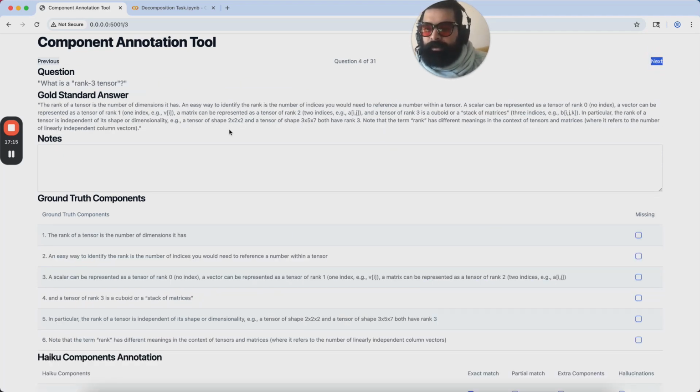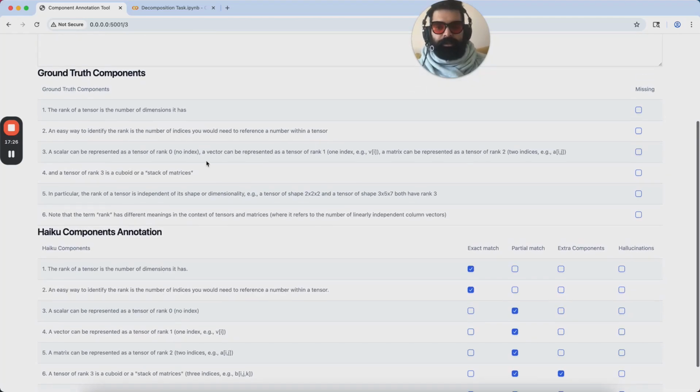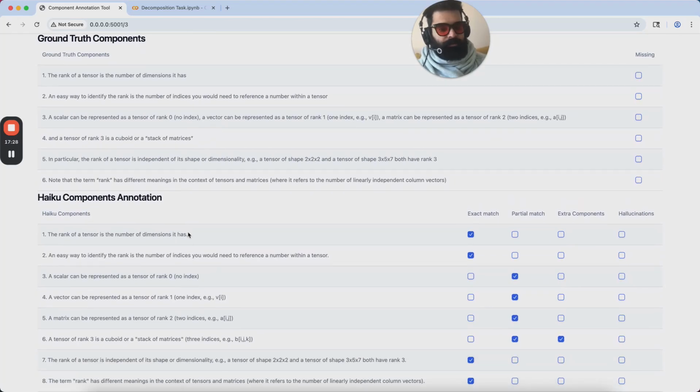All right, this one is about the rank 3 tensor and what that is. And here there's 8 Haiku components, and I have 6. The first 2 are exact matches, so are the last 2. The scalar, vector, and matrix, and a tensor of rank 3.